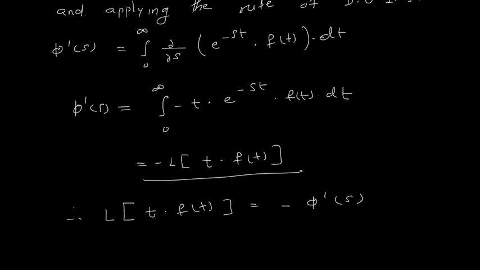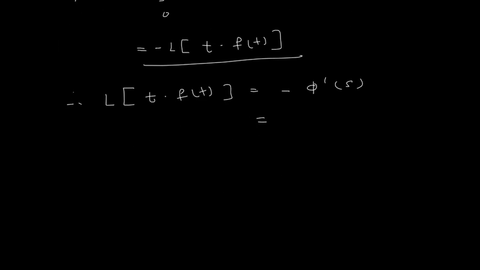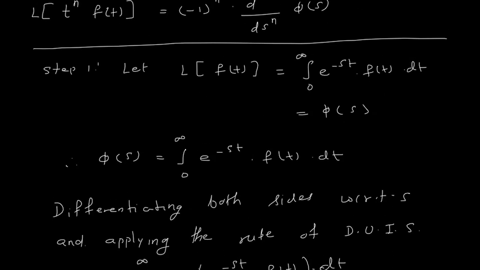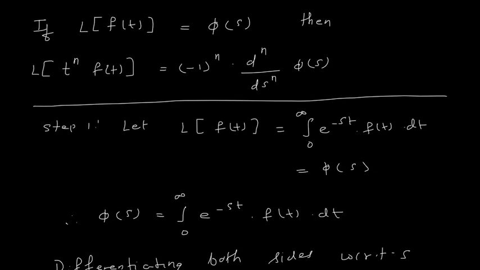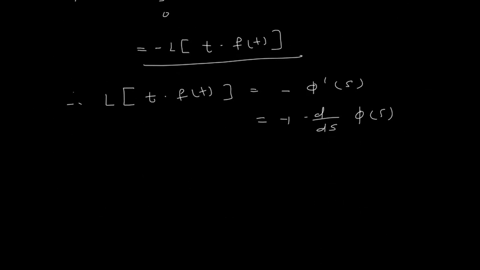Now minus phi dash s means it is minus 1 into d by ds of phi of s. Now let us see what we have to prove, that Laplace of t power n f of t is minus 1 power n d by ds into phi of s. So here this minus 1 we can write as minus 1 power 1 when we have multiplied it by t.